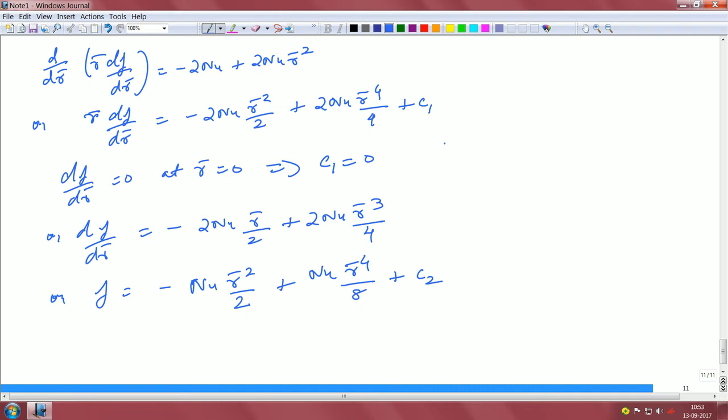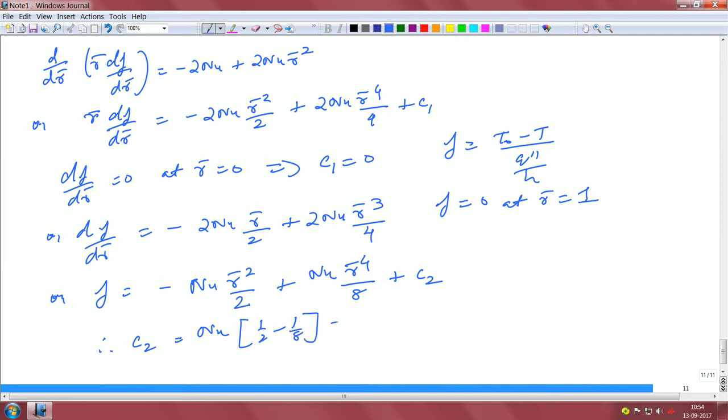Now f, as we know, is T naught minus T divided by Q double prime by h, and h of course we know. So f will be equal to 0 at r bar equal to 1, right, because it will be the wall at that particular point. So therefore C2 will be equal to half minus 1 by 8, which is Nusselt number 3 by 8.